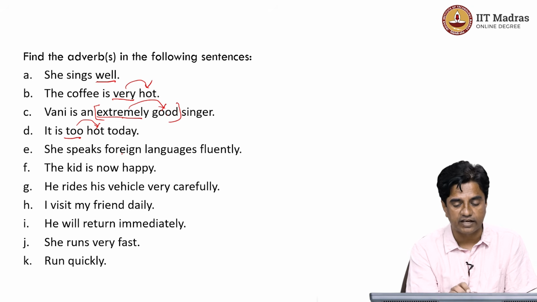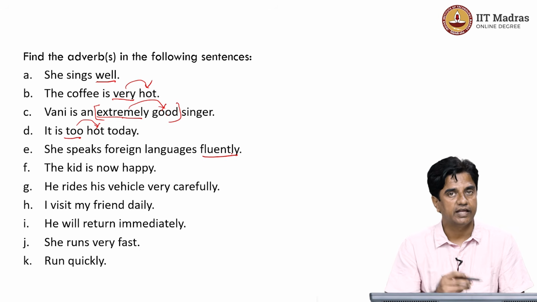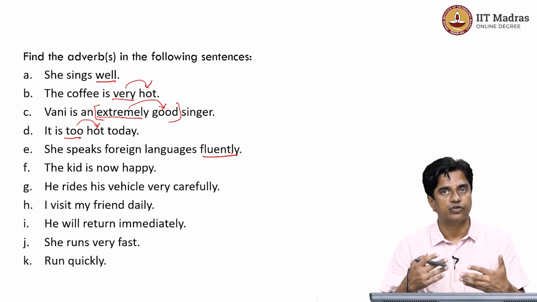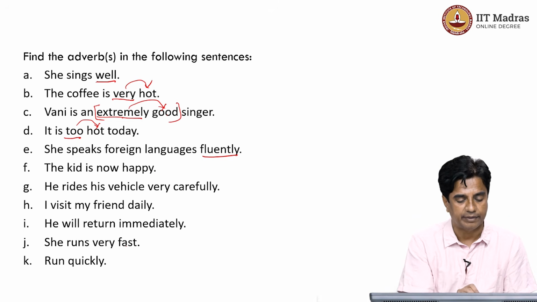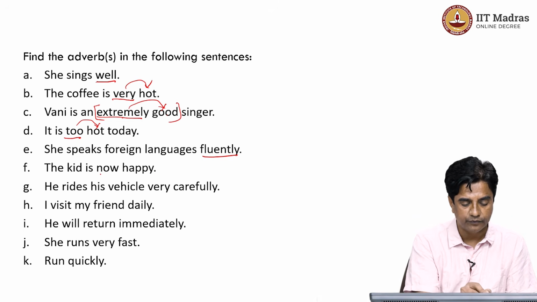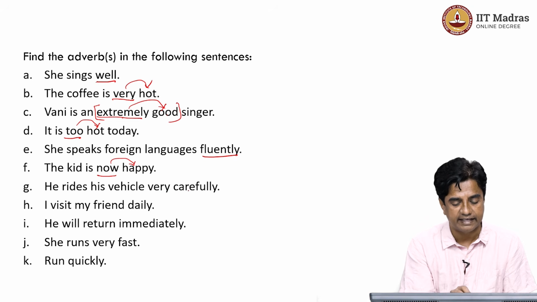She speaks foreign languages fluently. So this word is an adverb which is giving you, in answer to the question, in what way. The kid is now happy. Now is an adverb which is modifying this adjective. He rides his vehicle very carefully.